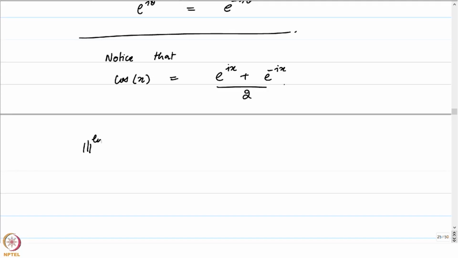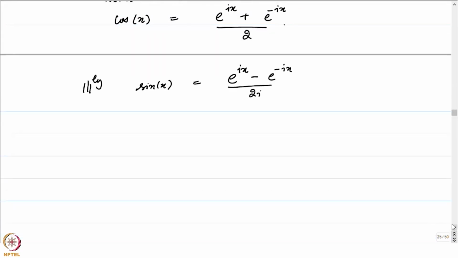And similarly, sine of x is equal to, this is the imaginary part, so this is e to the power ix minus e to the power minus of ix by 2 times i. So notice that this is a function from R to R, and let's define the complex trigonometric functions cos and sine by using the same formula.